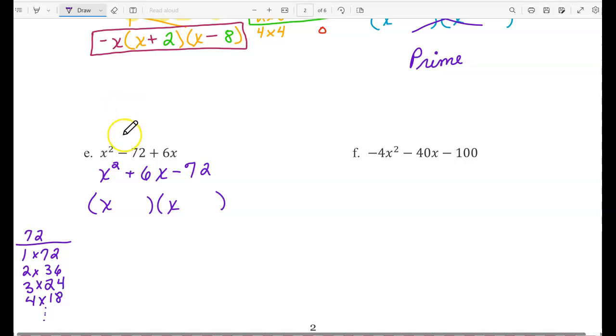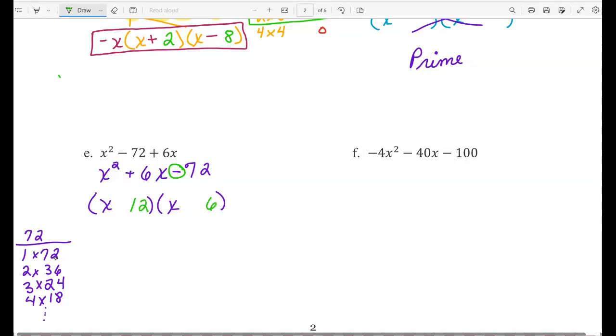What we're looking for are factors that multiply to give us 72, but whose difference, and why do I say difference? Because it's a negative, but whose difference is 6. Okay, so if you work through all of these, you should find that that factor is 12 and 6.